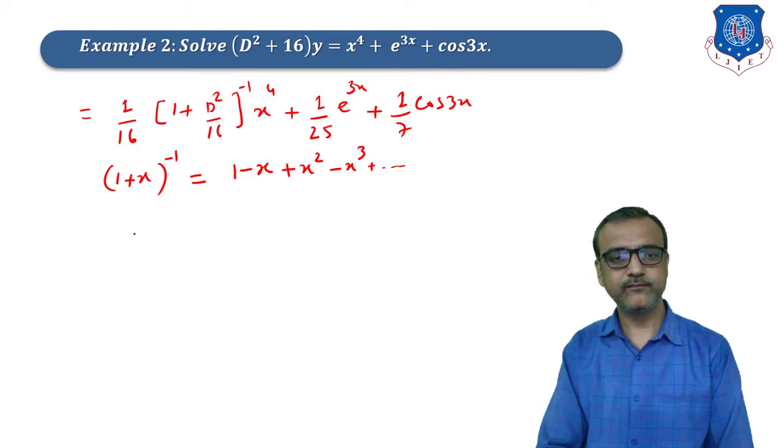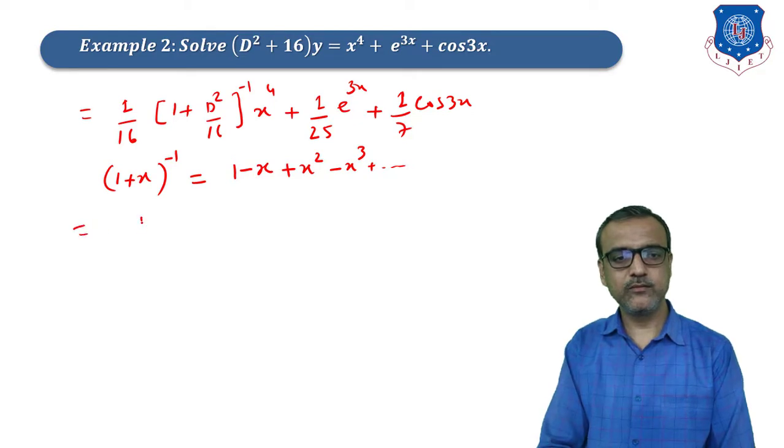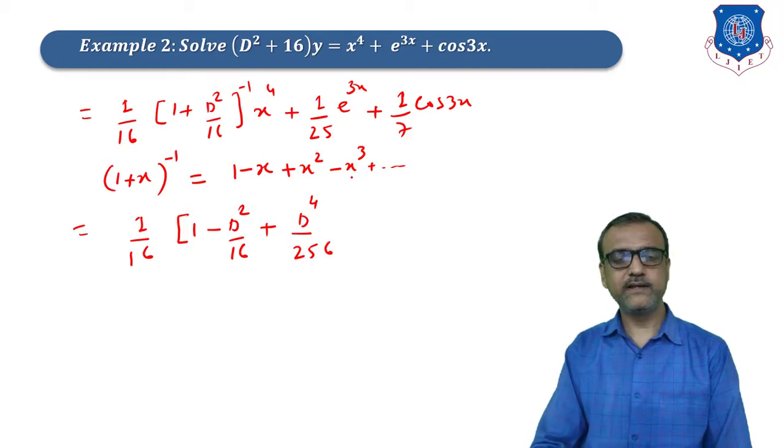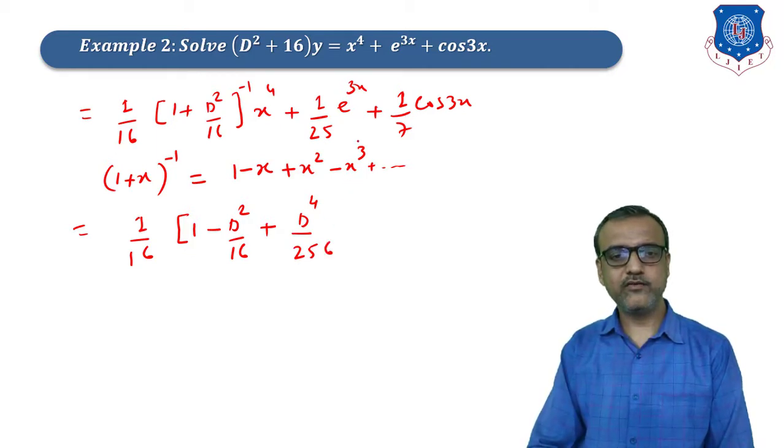So this is equal to 1 over 16 into bracket, this 1 will be as it is, minus, replacing x by D square by 16, then plus, replacing x by D square by 16, it will become D raised to 4 over 16 square, that is 256, and if we replace x by D square by 16 here, this one will become D raised to 6.